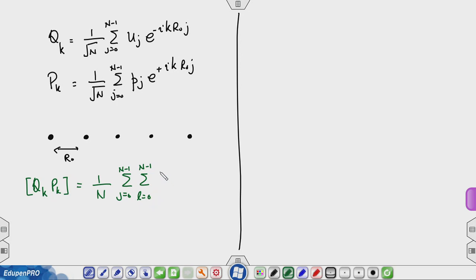I am going to have u j p L e raised to minus i k r naught j plus L. Let us see, am I getting the things correctly? No. Let me rewrite this. This is going to be e raised to minus i k r naught j plus minus L.